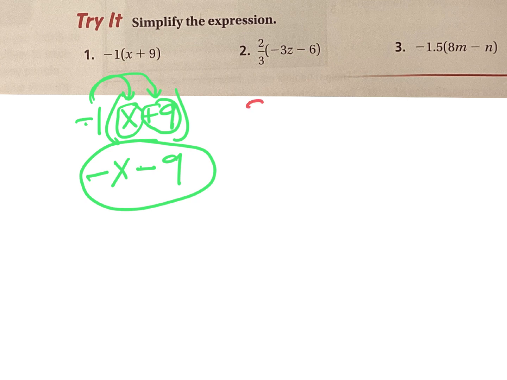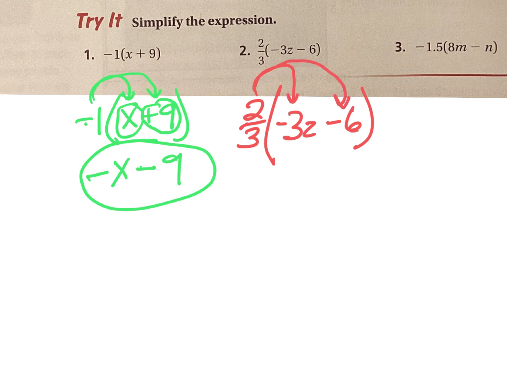Let's do number 2. 2/3, and then you have a minus 3z, or negative 3z, and minus 6, or a negative 6. So we need to take this times this, and this times this. So 2/3 times negative 3z. I'm going to put that over 1.